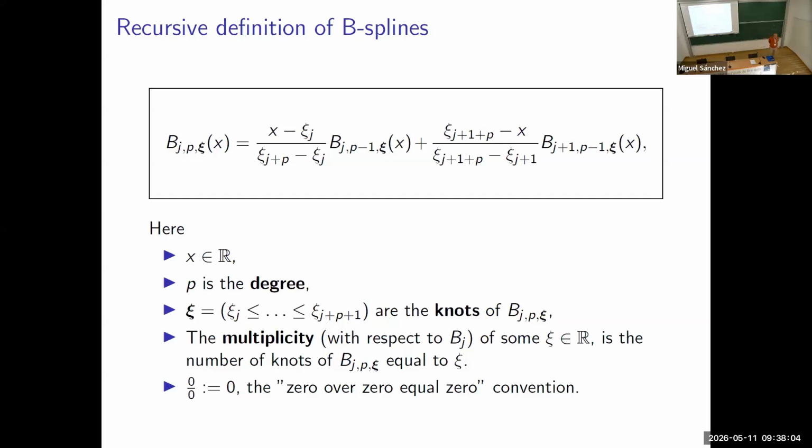But if the denominator is 0, then the corresponding B will also be 0. So then you have 0 over 0, and if the denominator is 0, this term is not there. It's 0. So that's the full recursive definition of a B-spline.